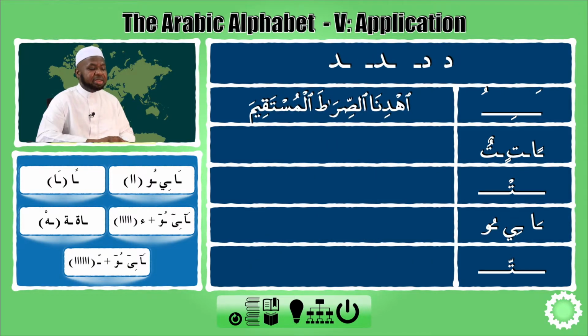Next, dal. اهدنا الصراط المستقيم. Now, the point here is the dal with the active sound of kasra, D, dina. However, pay attention to the hamza of wasl. We said a linking hamza in connecting letters as well as in extension letters.